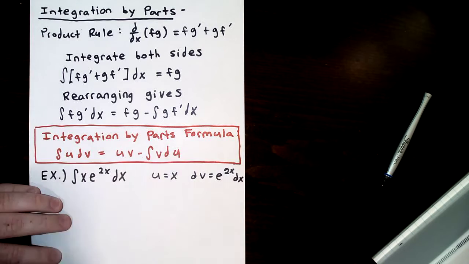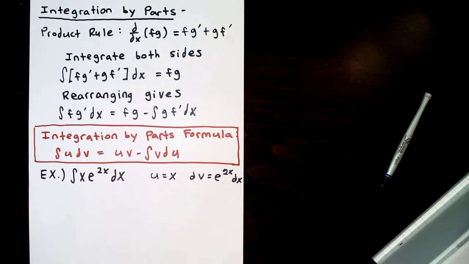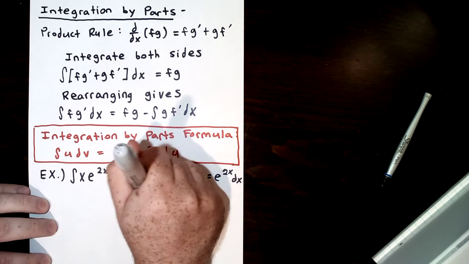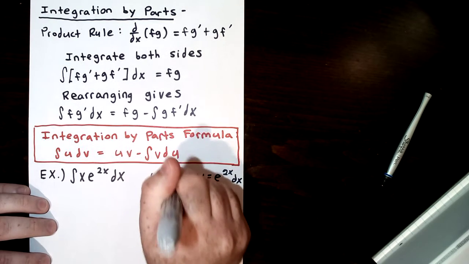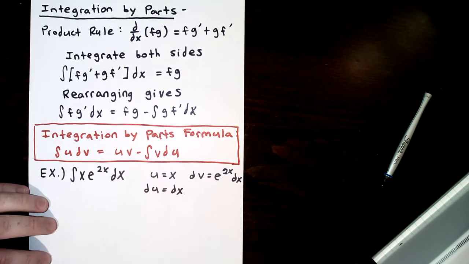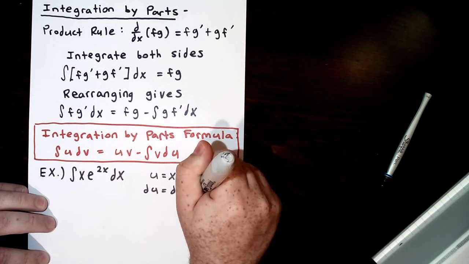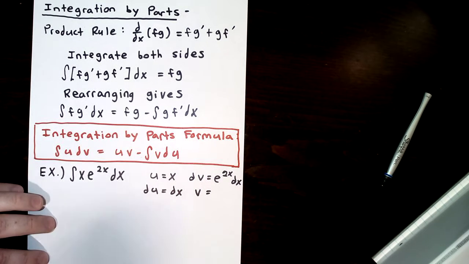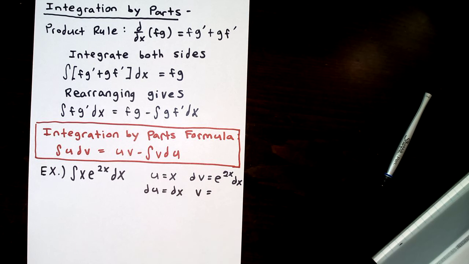Now, on the left side, we're going to differentiate. So du is equal to, well, the derivative of x is 1, so just dx. And then to integrate the dv portion, think of the derivative of which function is e to the 2x.